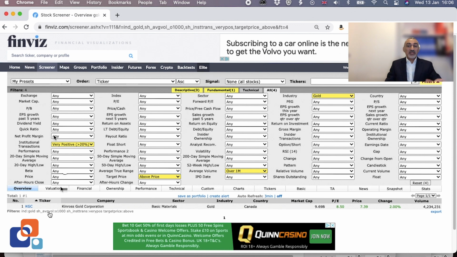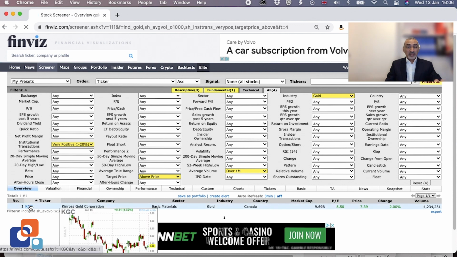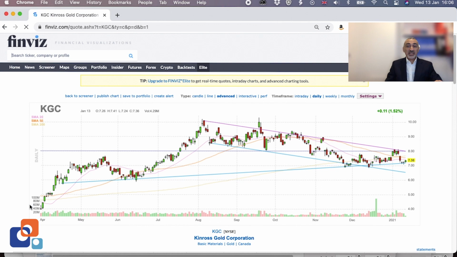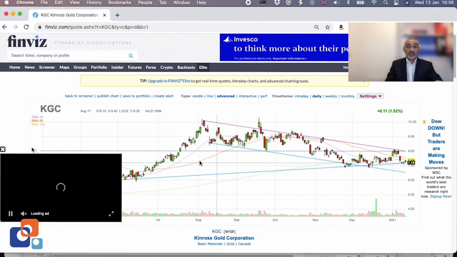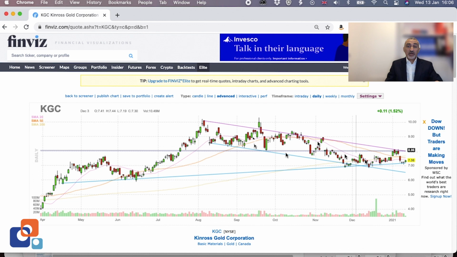We can then look into this to see whether it matches our general criteria so far. Let's have a quick look inside this company, KGC or Kinross Gold Corporation. When we go inside the page, we can immediately see a chart with some technical indicators on.